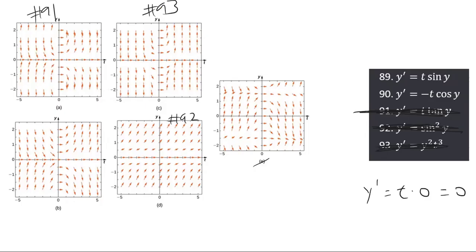So when y equals 0, meaning the t-axis, we should have slopes of 0. Which one of the two, B or E, has that? That's choice B right there. You have your slopes of 0. So this is number 89, and then by process of elimination, this is number 90.